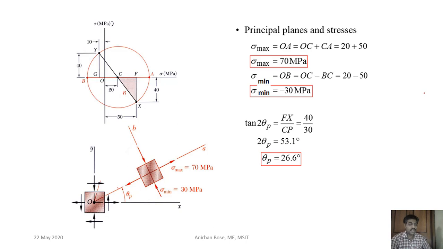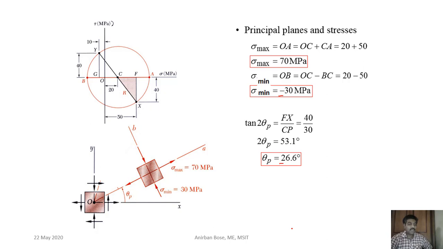And finally you have to interpret whatever results you are getting. Remember, minus some angle or plus some angle or minus some stress value, these are not important. What is important is the interpretation of this negative sign and this positive sign, which you have to show in the proper physical element.